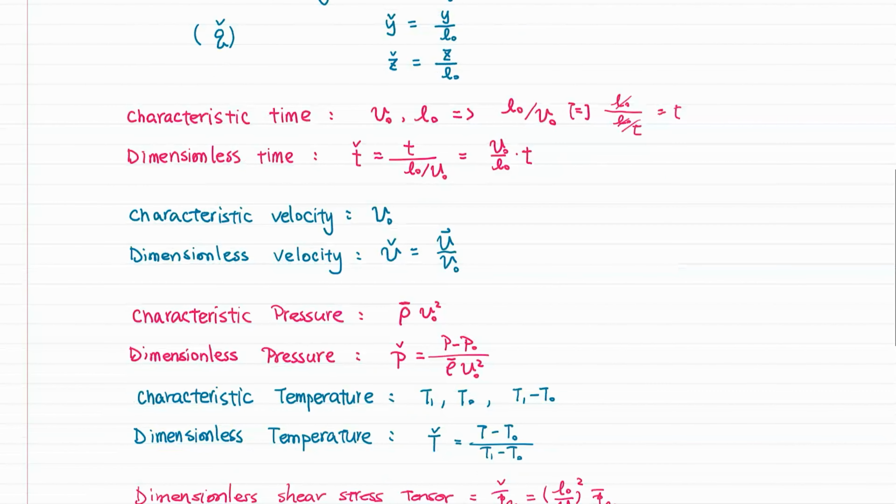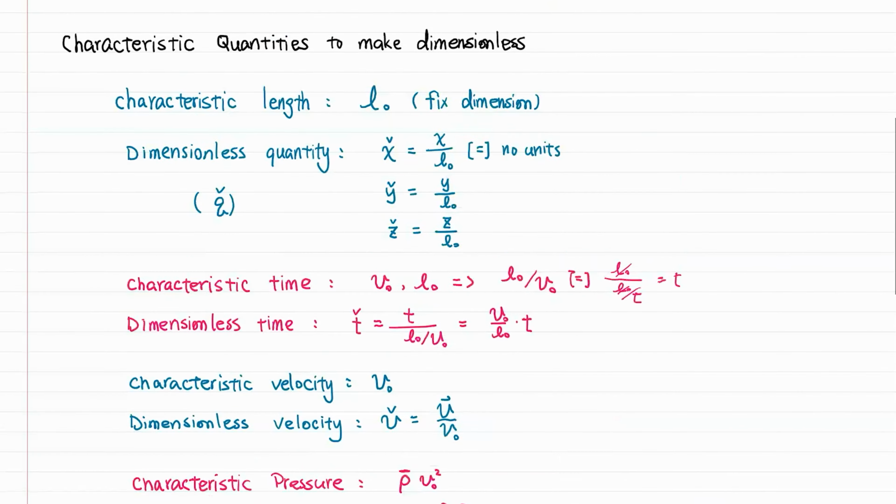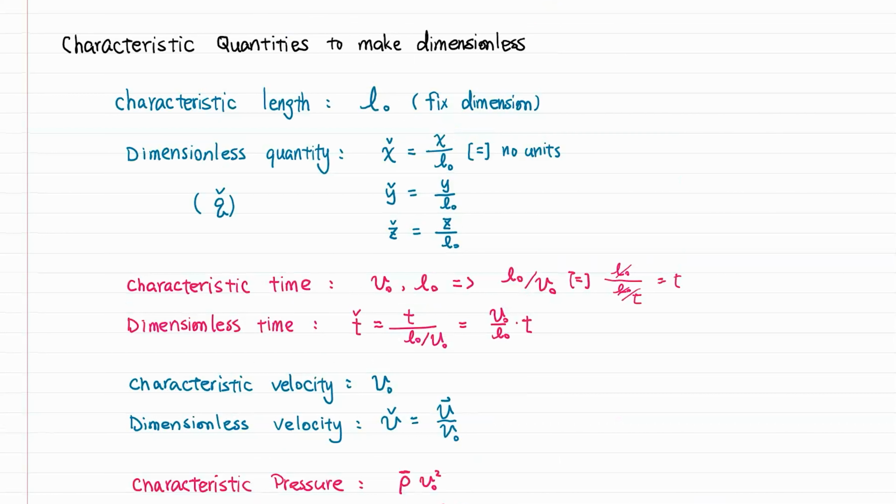Then we define the characteristic pressure using rho V naught squared, and use the boundary conditions to define the dimensionless temperature. Again, we should say that this is an example for fixed boundary problems.